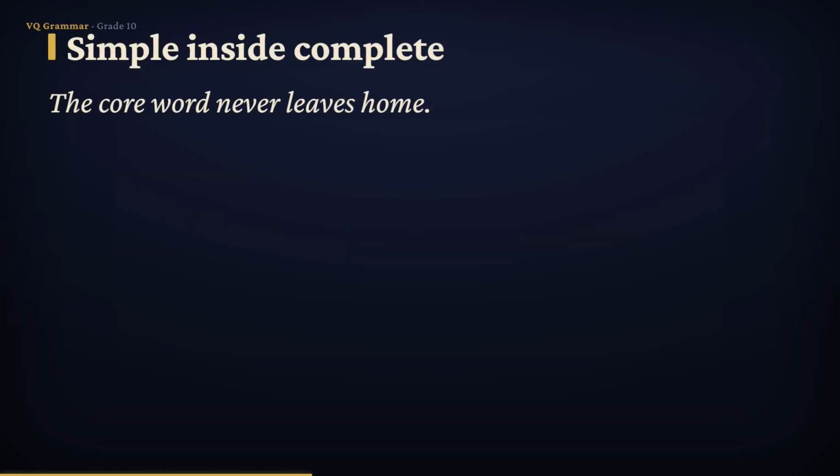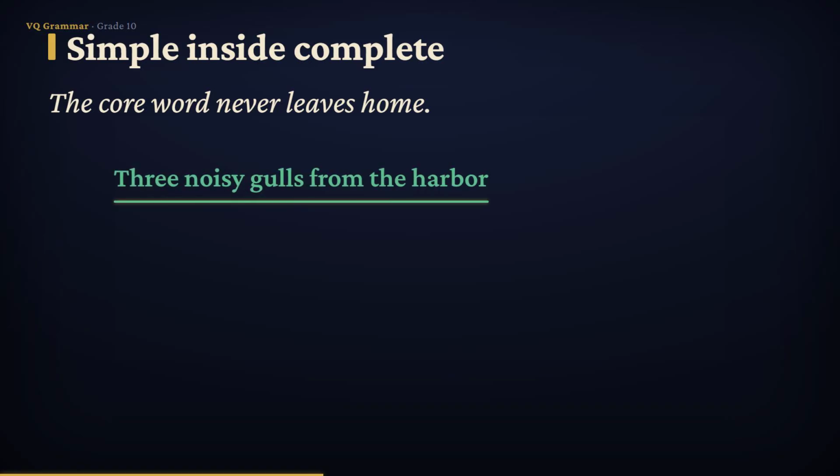Let's put the two ideas side by side, because simple and complete are not rivals. One lives inside the other. Our sentence, three noisy gulls from the harbor circled above the fishing boats. Start with the subject side. The simple subject is gulls, one bare noun. But the complete subject is the whole stretch, all six words of it.